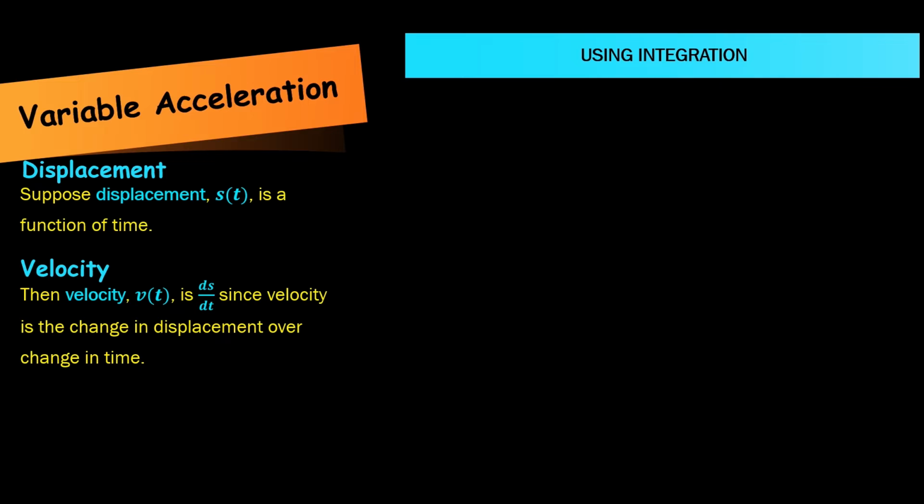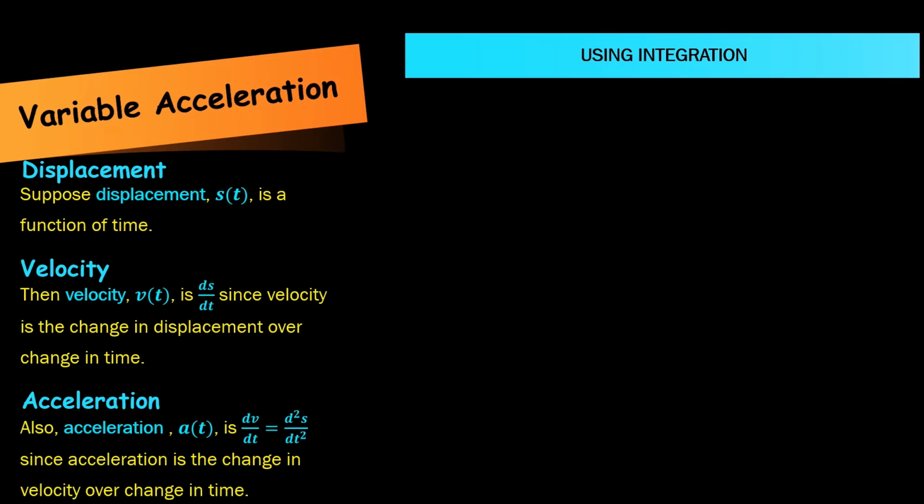Then velocity v of t is ds dt, since velocity is the change in displacement over change in time. And acceleration, a of t, is dv dt, or this can also be expressed as d2s dt squared, since acceleration is the change in velocity over change in time.